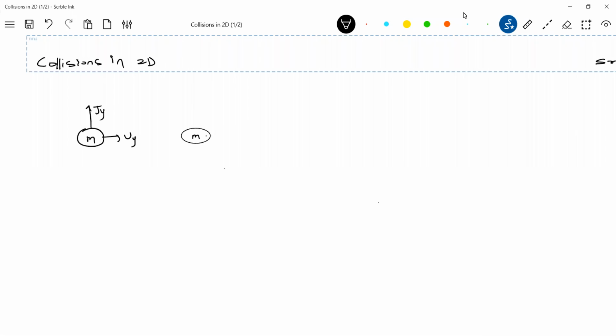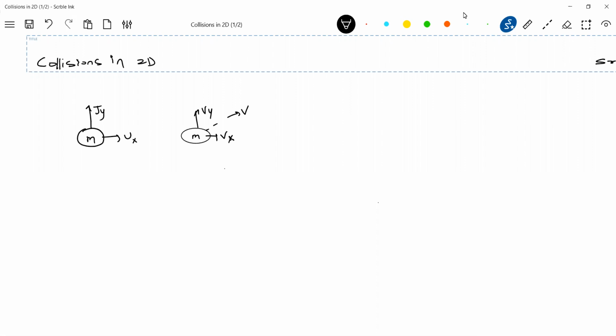The object will acquire a component of velocity along the y-axis also, and the resultant path will be like this. How do we write the equations? Initial momentum along the x-axis is mux. Final momentum should also be mvx. Any reason? Because there is no impulse along x.